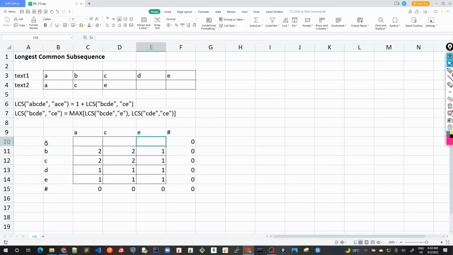Now the last row, E and A: it's not matching, so it should be max of 1 and 0, which is 1. A and C, max of this is 2. And now A and A match, so it should be 1 plus the next right diagonal, which is 2, giving 3. So here we started from the bottom, and finally when we approach the end and there are no characters left, it means that this is our final solution.